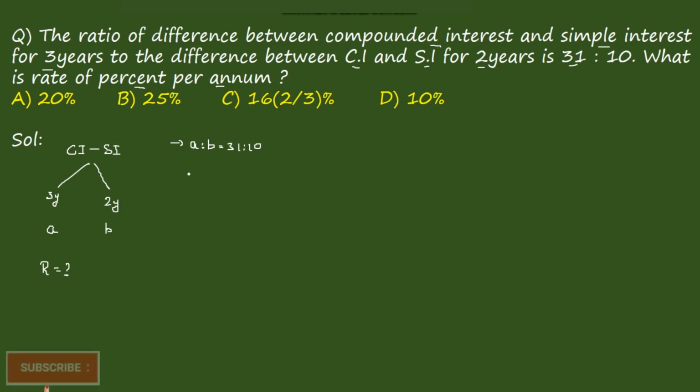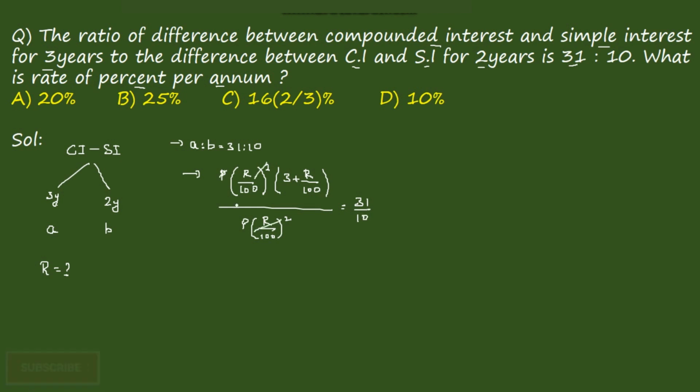For 3 years, A, we know the formula is P into (R by 100) whole square into (3 plus R by 100). It is a ratio, so we can divide it by B, which is 2 years, P into (R by 100) whole square, and the ratio is 31 by 10.